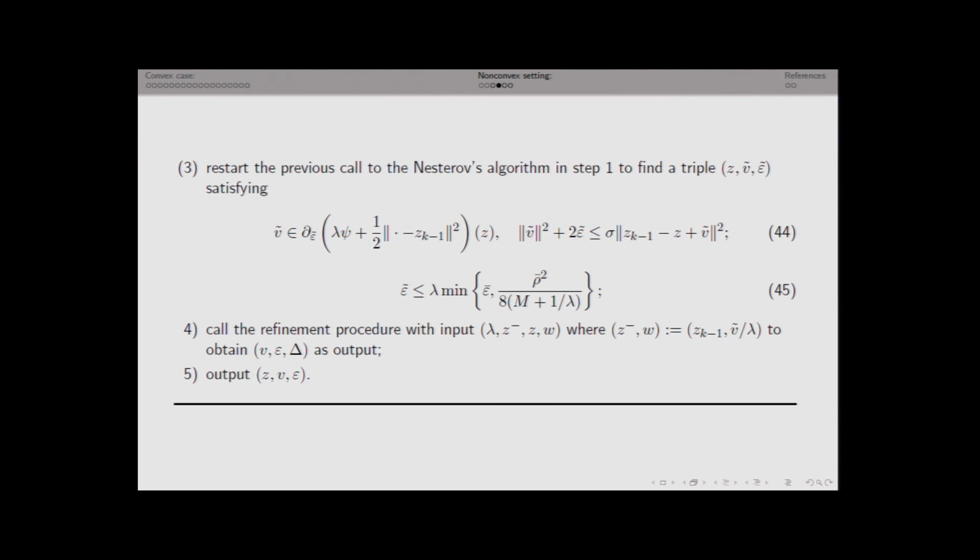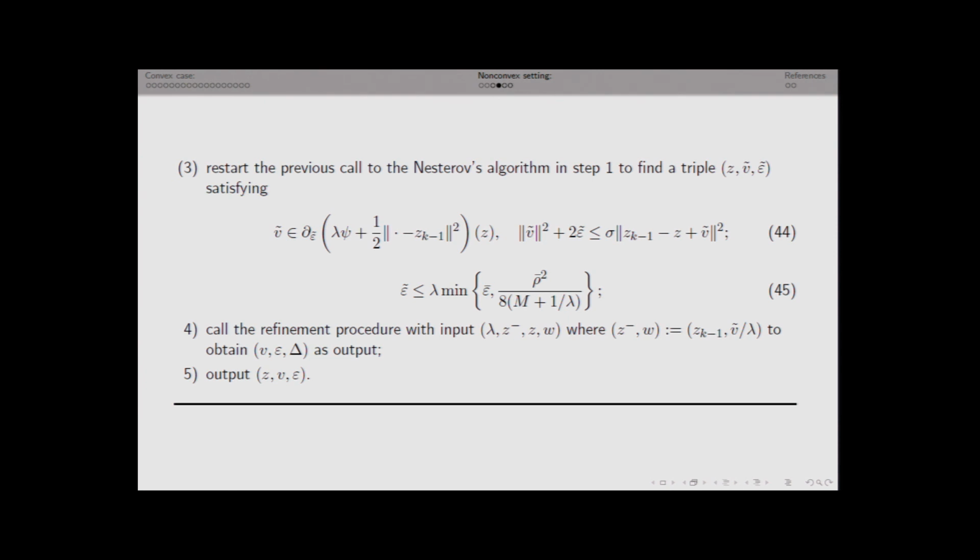And it's not going to take so long to solve this scheme here. And then what happens? Once you solve this scheme, you go back to Nesterov's method and just continue. You don't start a new Nesterov method, just continue. And if you do that, you can show that you are going to control the epsilon parameter.